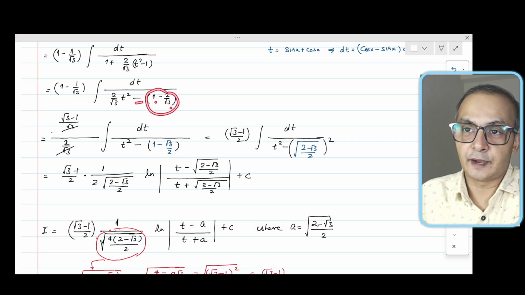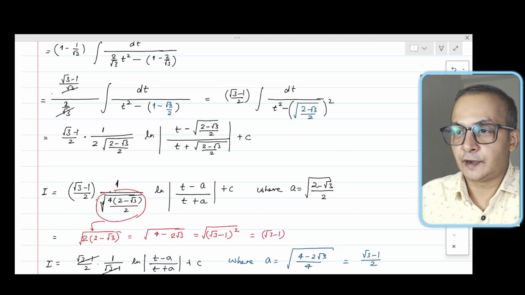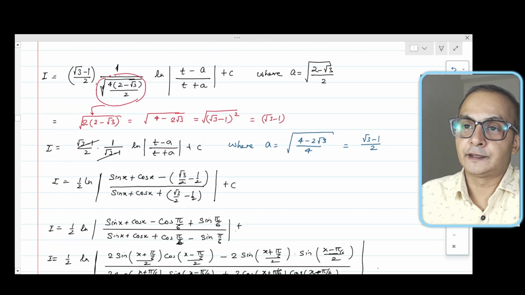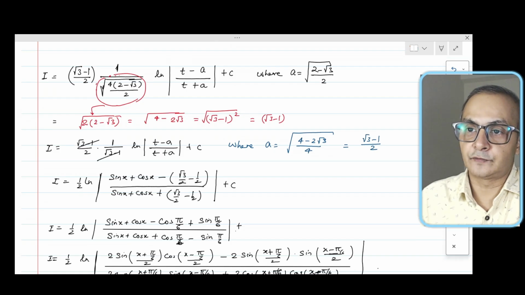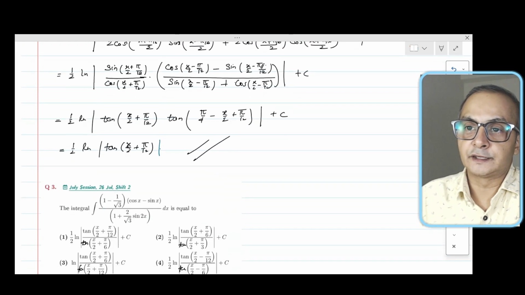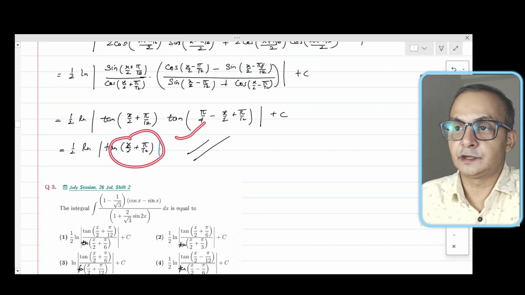So we take the minus here, and so this will give you t square minus 1 minus root 3 by 2. And after simplifying all these things, and finally t square minus this quantity, so x square minus a square format, and then we get this thing, and after some further manipulation we will end up with tan x by 2 plus pi by 12 in the numerator and then denominator and so on.